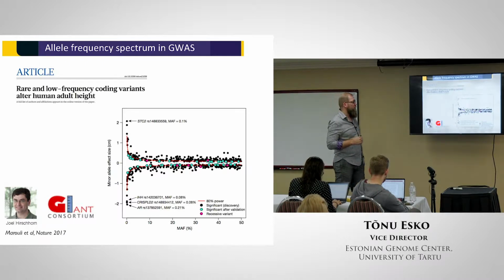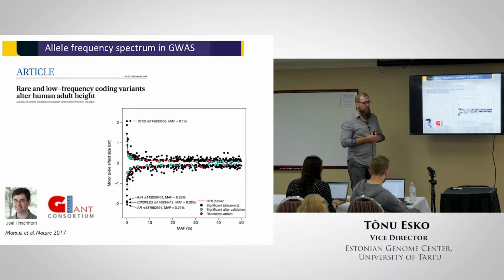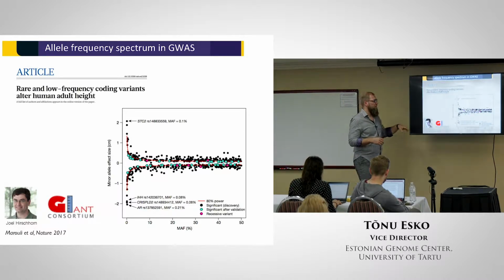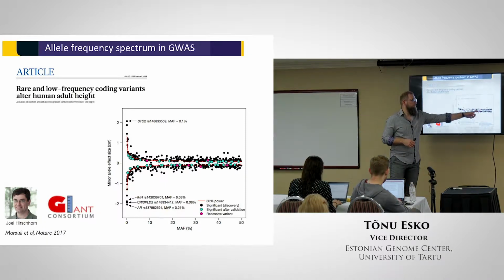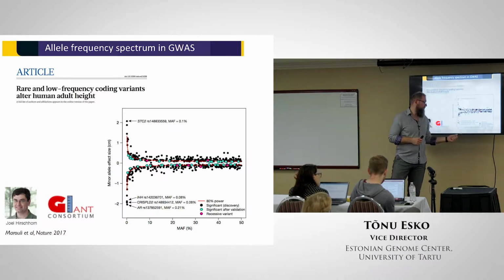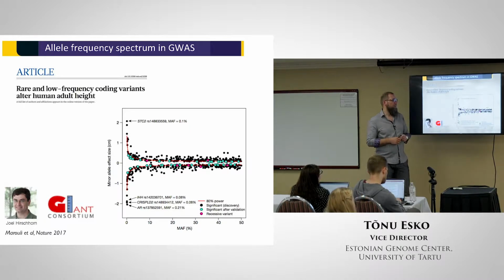Following up on Mali's question, there was a recent paper from GIANT, again looking into height, and there we had a slightly different array design where we had more of those very rare coding variants on the arrays, and we also had a massive sample size, not yet millions, but still. And here are all the independent best associations, and here you have the allele frequency, from very rare to ultra common, and here you have the effect sizes.